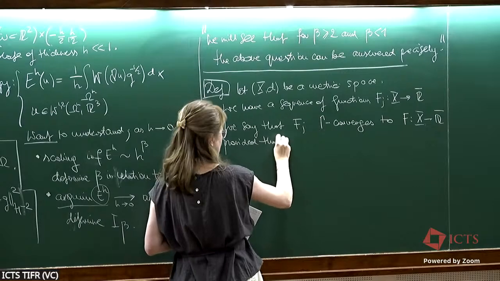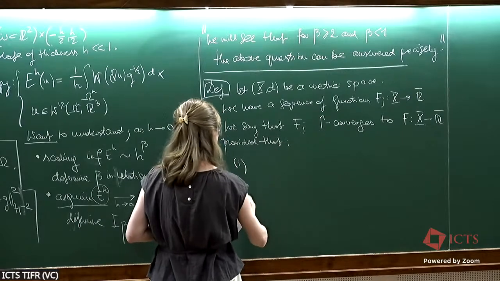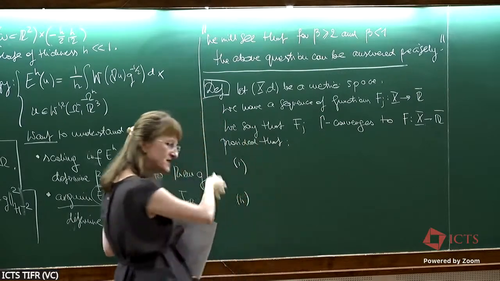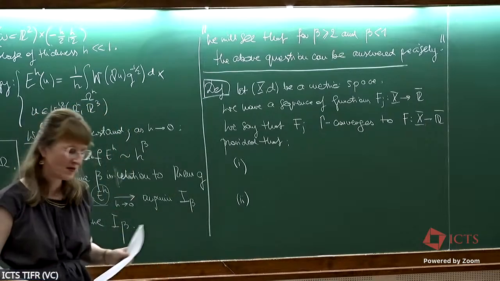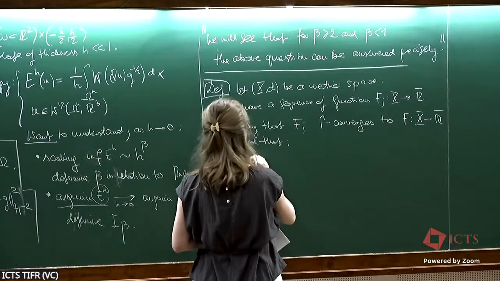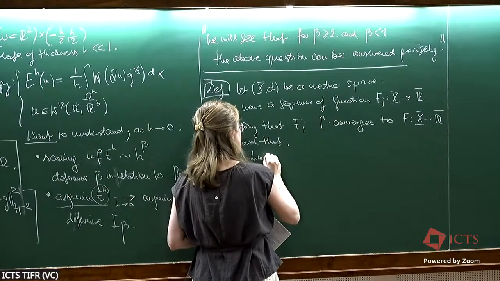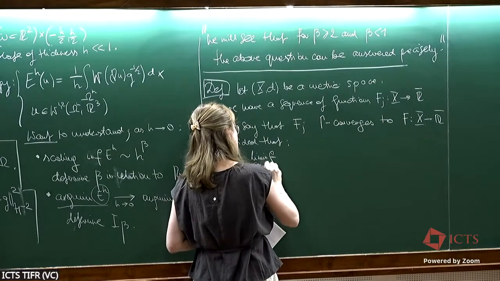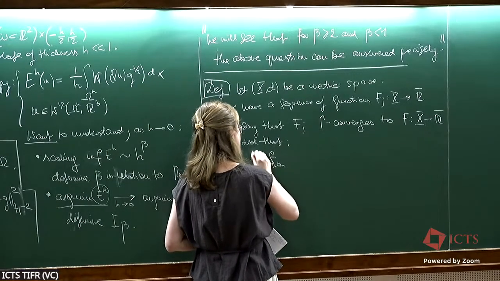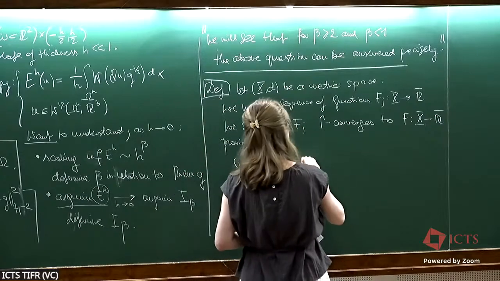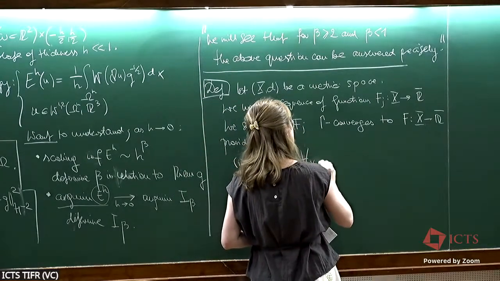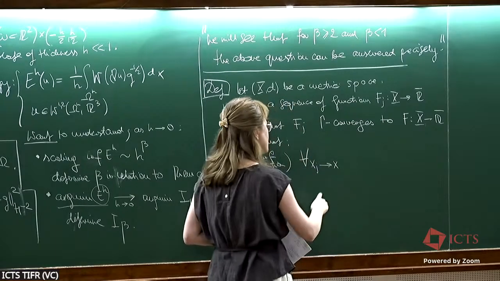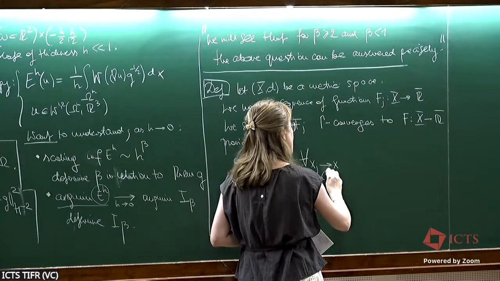two conditions. Condition 1, condition 2, both of them have to be satisfied in that definition. The first condition is called the lim-inf condition. It says this: for every sequence x_j which converges to x, so that's convergence in X, in capital X, okay?